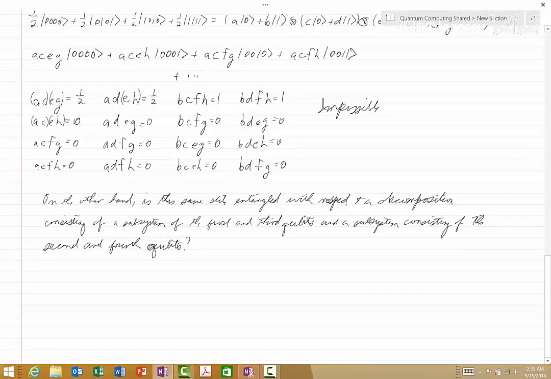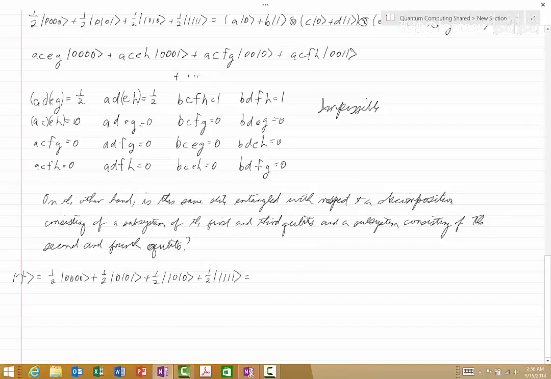Okay, so when we ask the question in this form, well, first of all, what do we mean? Well, again, we start off, we have C is equal to 1/2 0000 plus 1/2 of 0101 plus 1/2 of 1010 plus 1/2 of 1111.